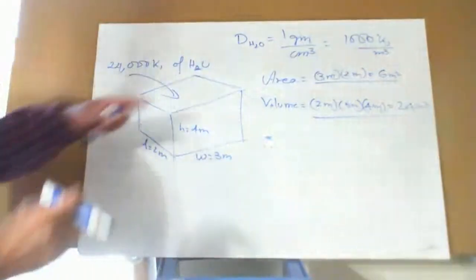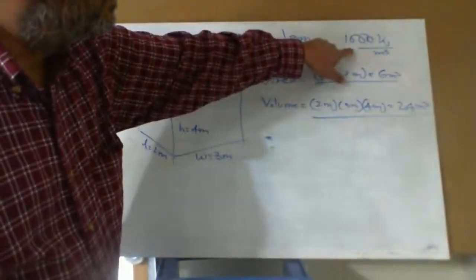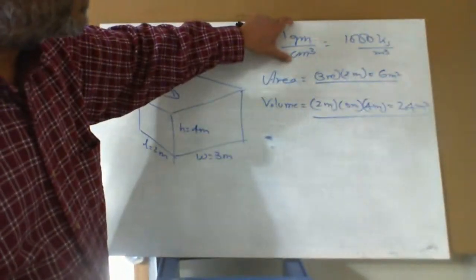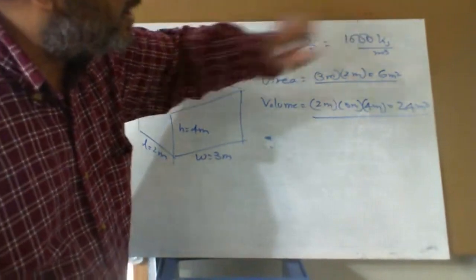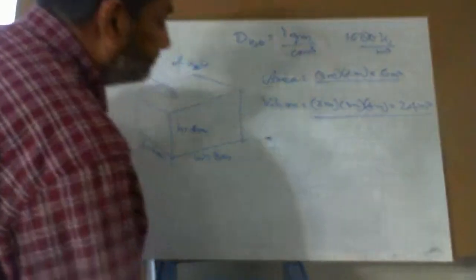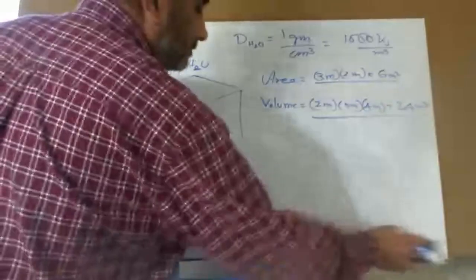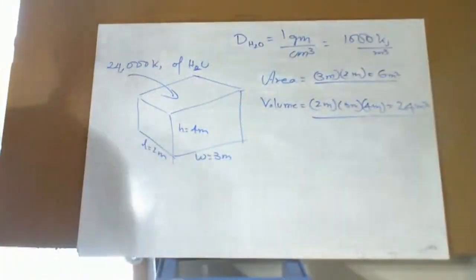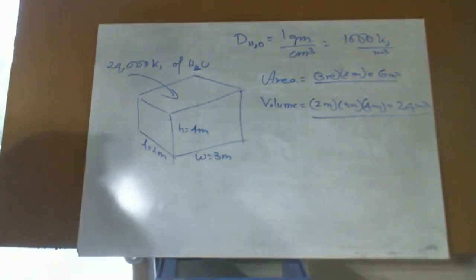Okay, so you can convert from here to here by multiplying this number by 1,000, and you get that, right? And so area, volume, mass.